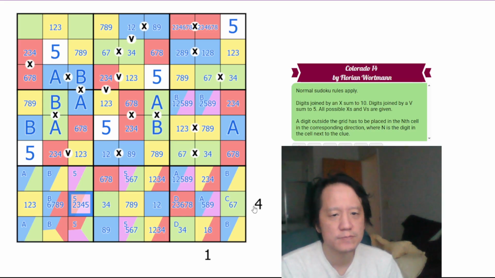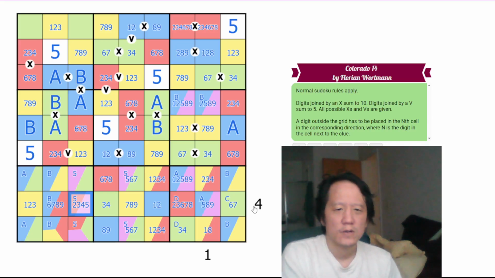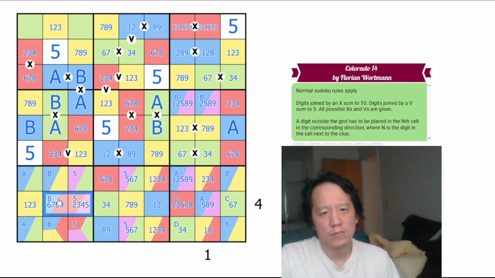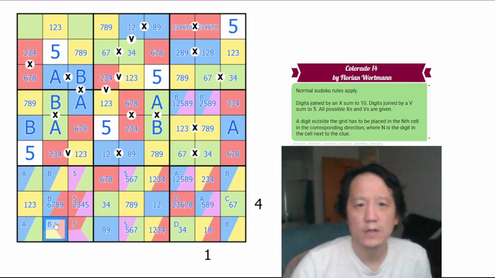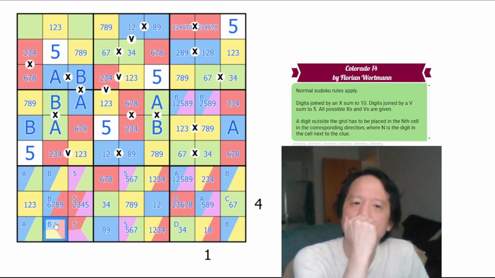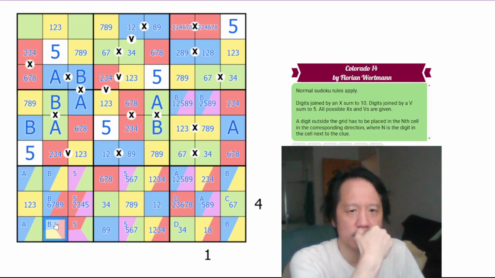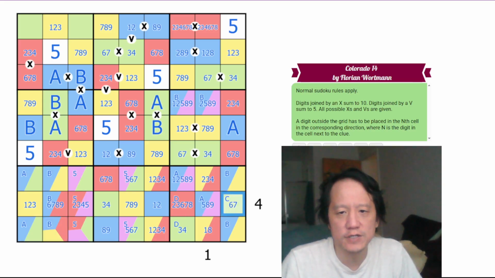Okay, so we can remove the C and D aspects. That doesn't help.